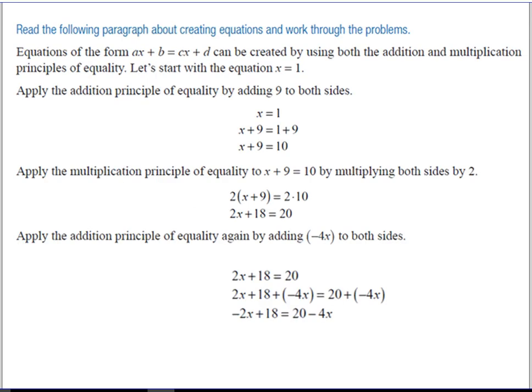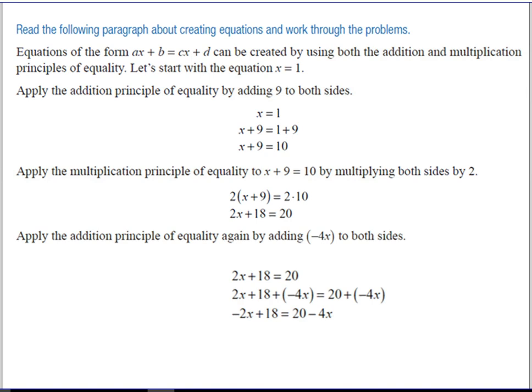Equations of the form ax plus b equals cx plus d can be created by using both the addition and multiplication principles of equality. Let's start with the equation x equals 1. Applying the addition principle by adding 9 to both sides leaves us with x plus 9 equals 10.